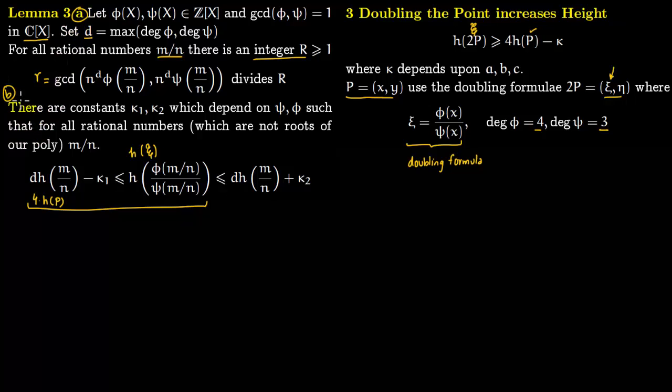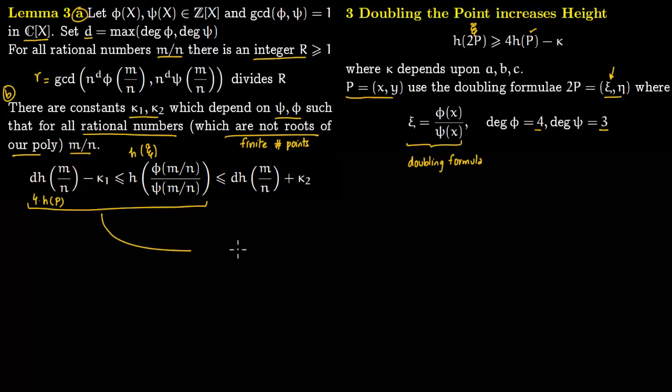Then part b will follow from a. In b, there are two constants, kappa 1 and kappa 2, which depend upon our polynomials phi and psi, such that for all rational numbers m by n which are not the roots of our polynomials phi and psi, so we are omitting a finite number of points corresponding to the roots, but as we have seen before, this is not going to make much of a difference, we will have these two inequalities.